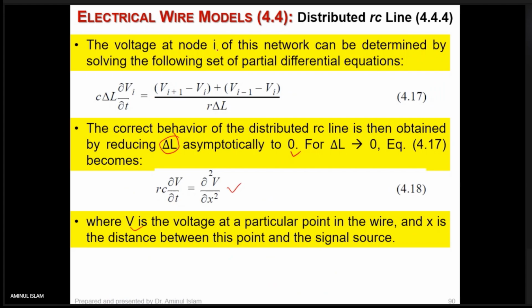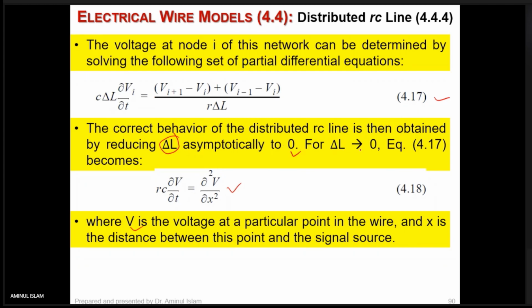The voltage at node i of this network can be determined by solving this following set of partial differential equations. The correct behavior of the distributed RC line is then obtained by reducing delta L asymptotically to 0.